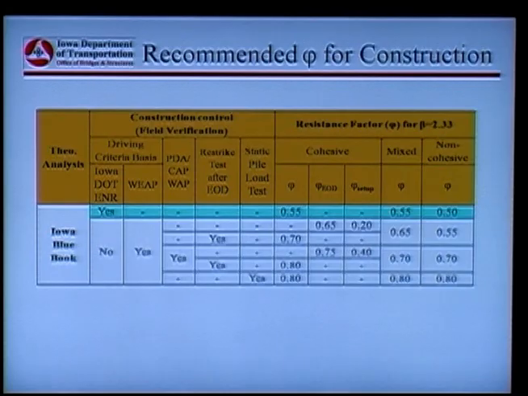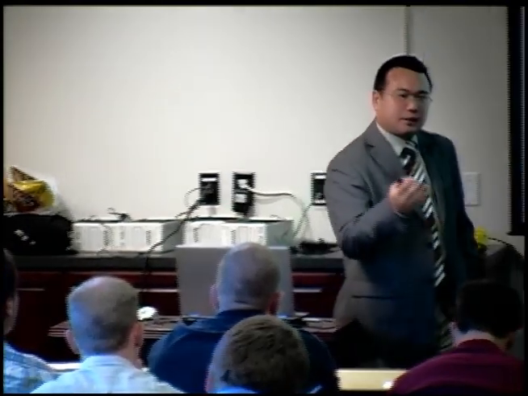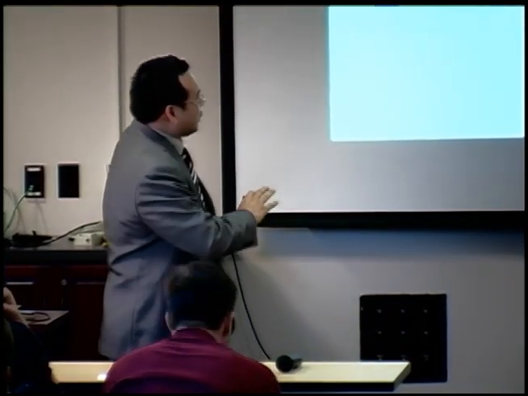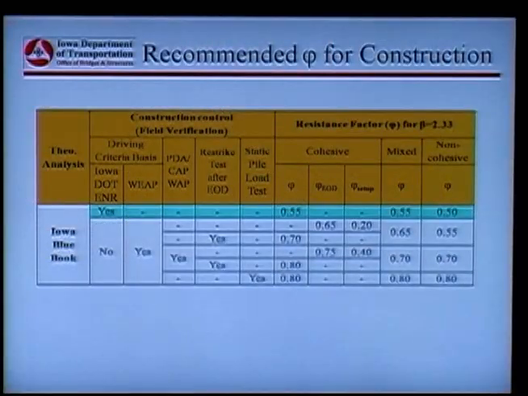And this is the third table of resistance factors, for construction control. Right? So in the AASHTO specification, you have two tables, one for design using alpha, beta, or other methods, and another table for construction control too. Same thing here, you have a set of resistance factors for construction control. Right?